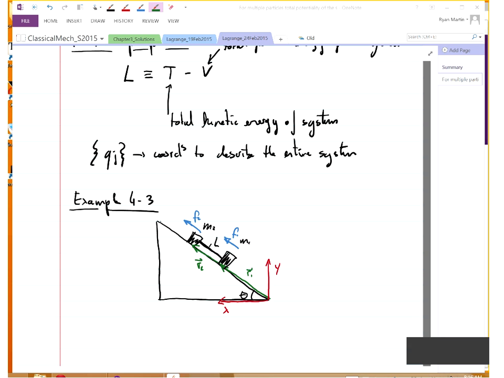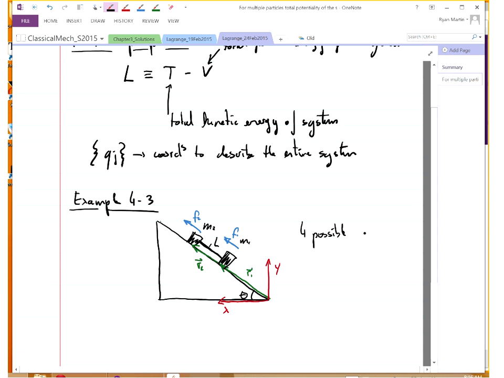So the next thing we need to do is figure out how many degrees of freedom there are. We have 4 possible degrees of freedom if it's confined to the xy plane. In principle, there's 6 possible degrees of freedom if they're allowed to move in and out of the page, but let's assume they're fixed to the plane. So in principle there are 4 degrees of freedom, x and y for each block.